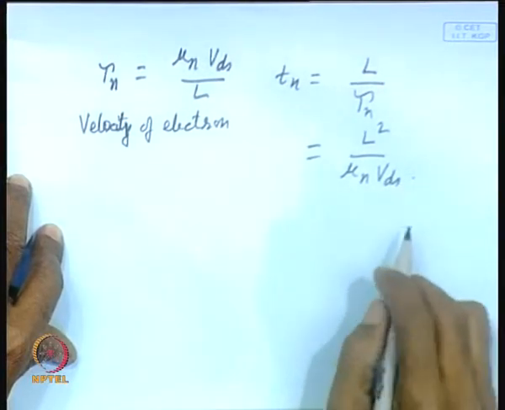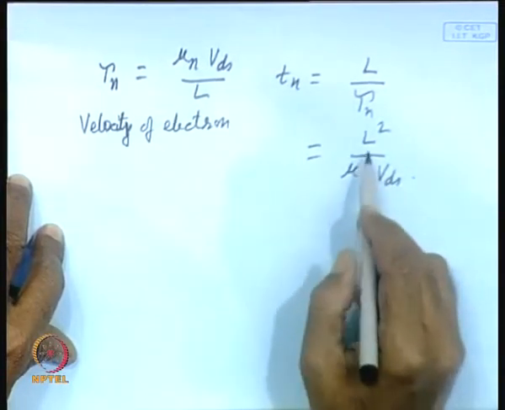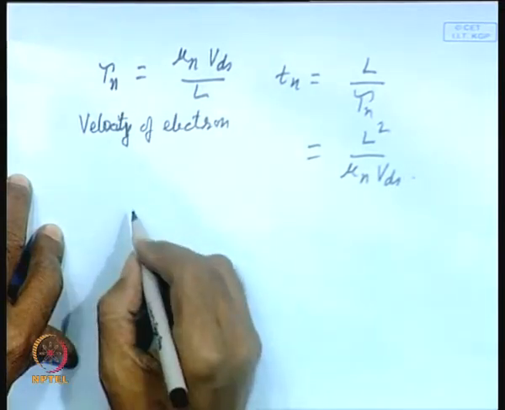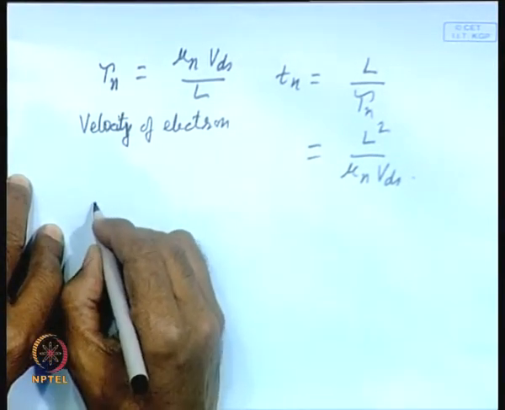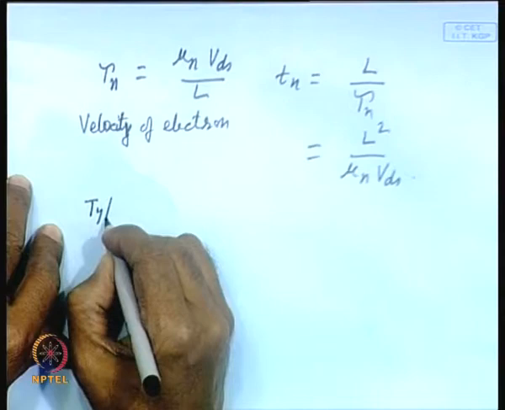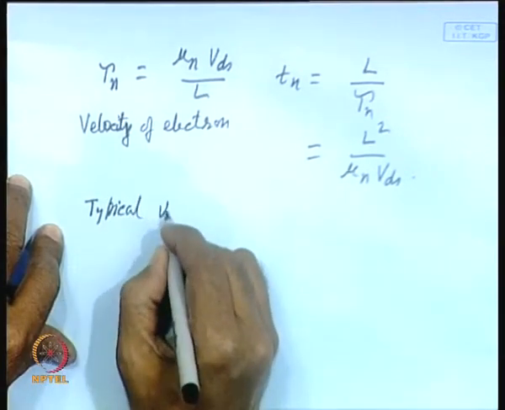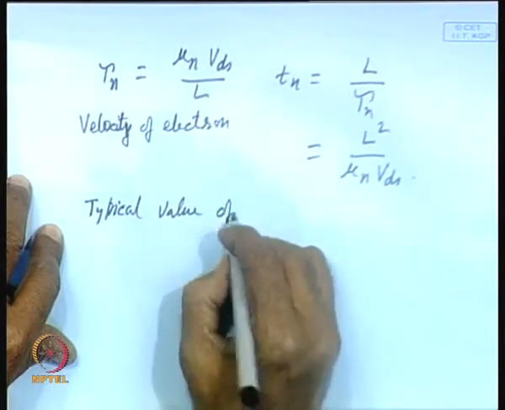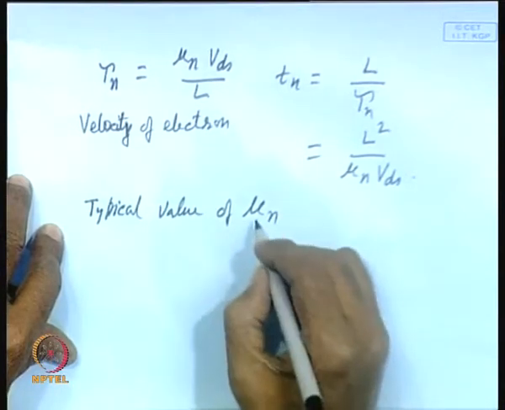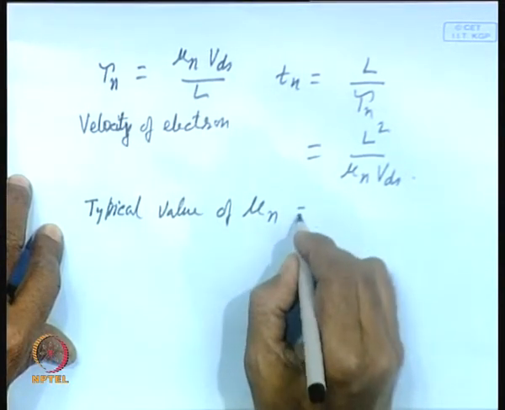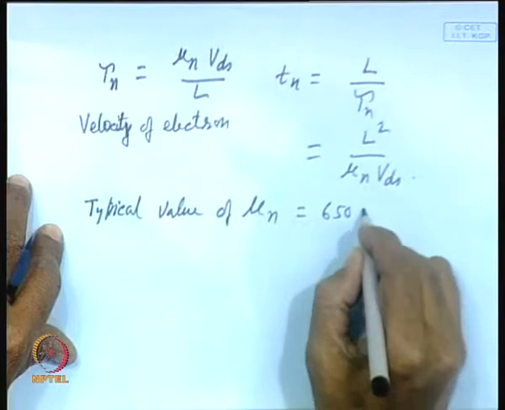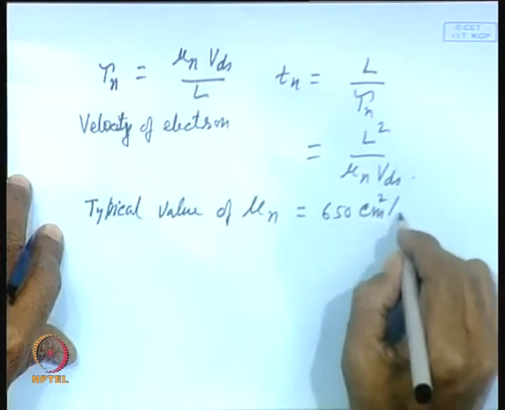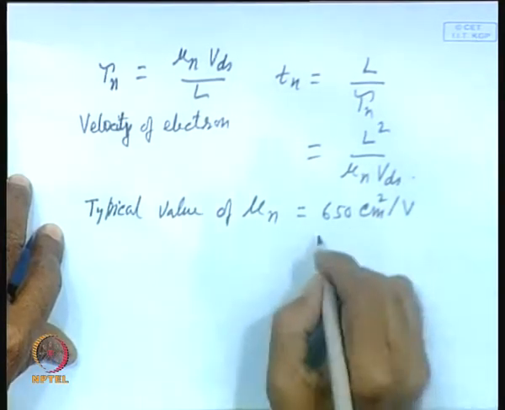So, we have got the expression for the electron transit time, and it has been found that a typical value of mu n, the mobility of electron, is equal to 650 centimeter square per volt-second at room temperature.